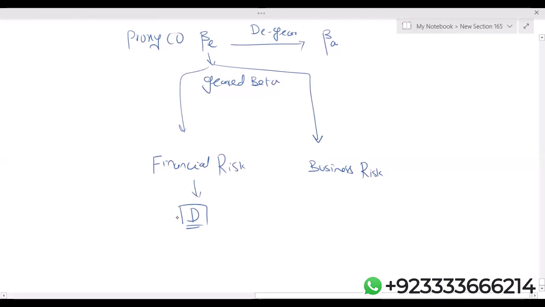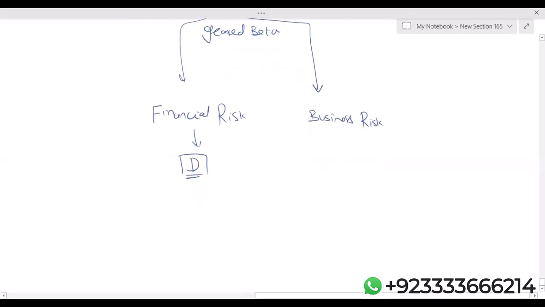Shareholders are the ones who face it. What financial risk actually does is fluctuate the return for the shareholders. Because when your company has taken the loan, you have to make the fixed interest payment, no matter your earnings are good or bad.